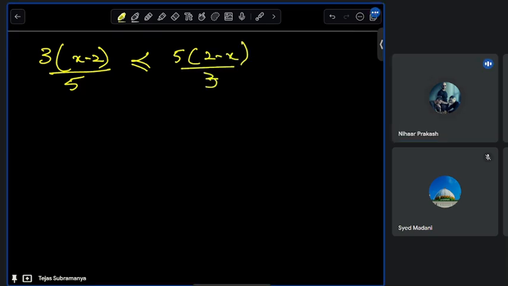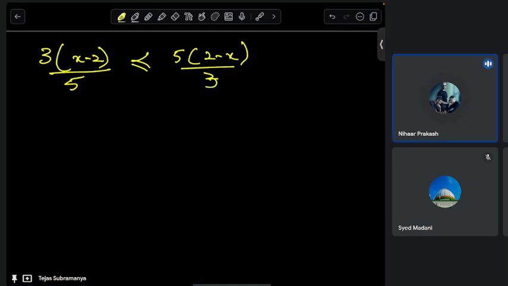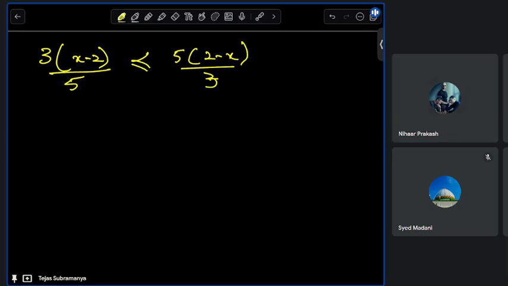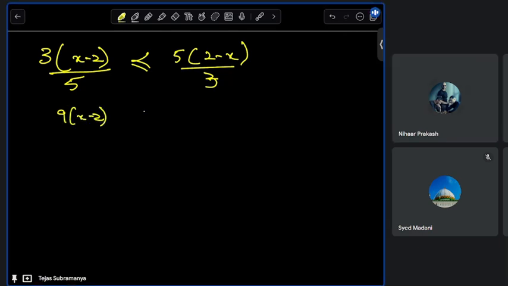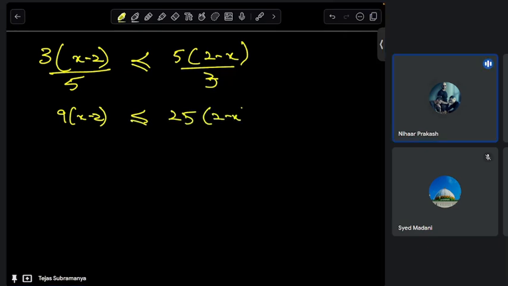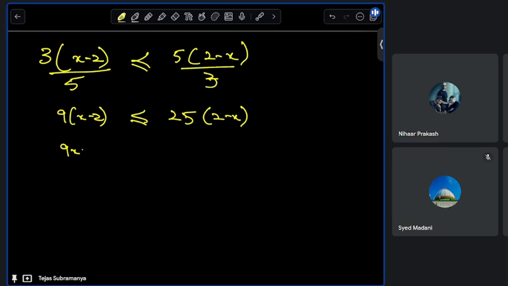Sir, this I can do. Crisscross multiply. So it becomes 9 into x minus 2, same symbol, 25 into 2 minus x, correct? And then you should multiply: 9x minus 18, symbol as it is, 25 into 2 is 50 minus 25x.